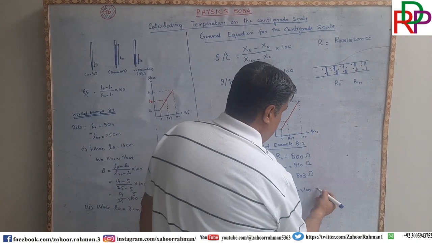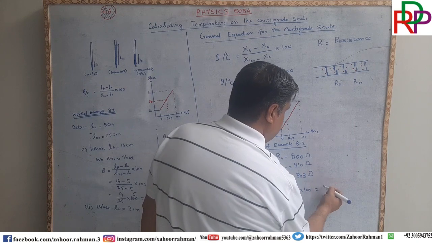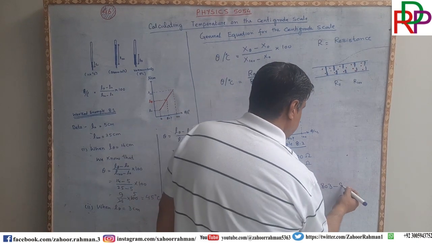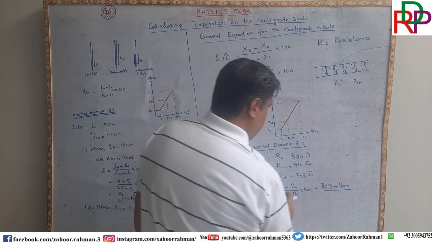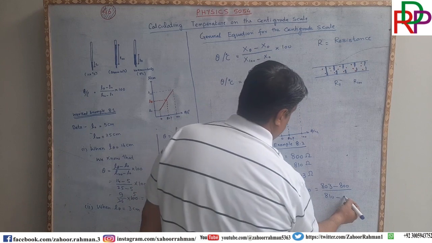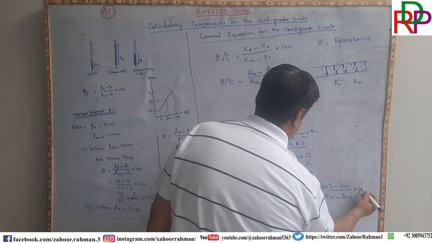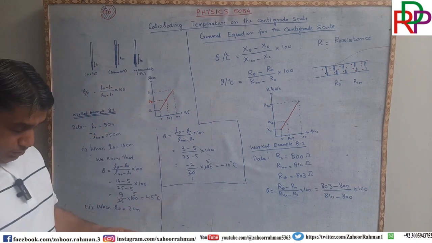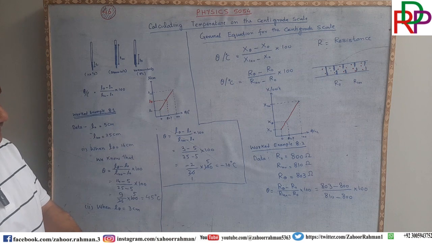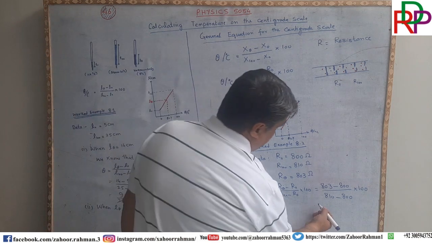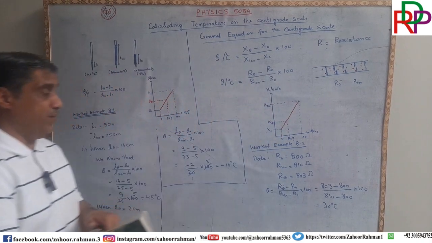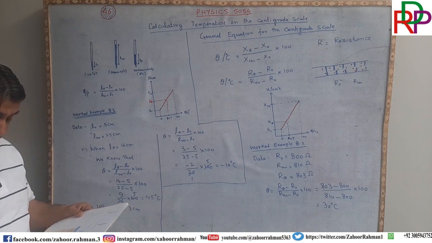Okay, we are putting the value R theta, that is 803 minus R naught, which is 800, over R100, which is 810, minus 800, multiplied by 100. After the calculation we will get 30 degree Celsius as the room temperature.